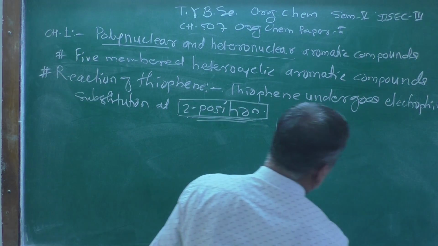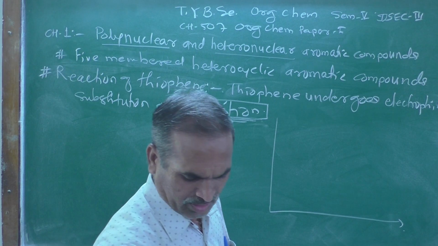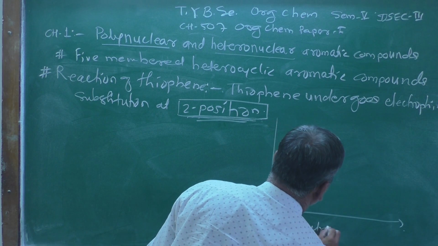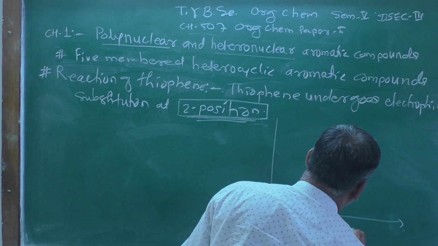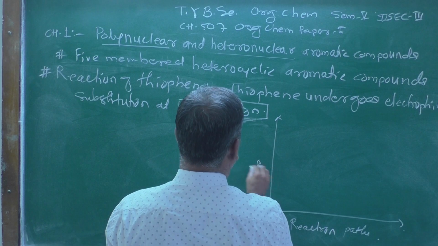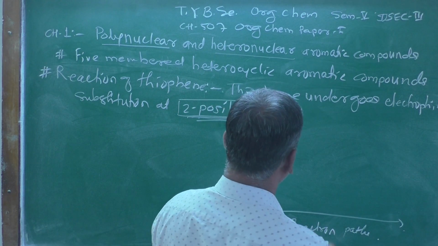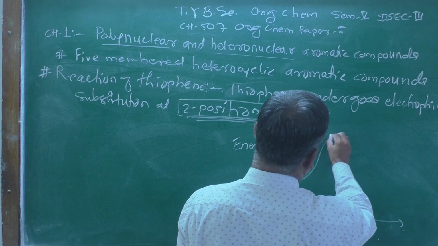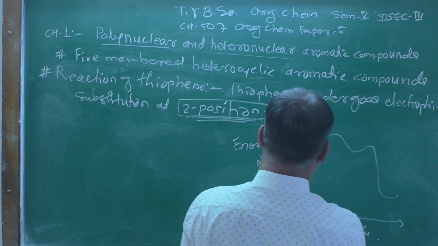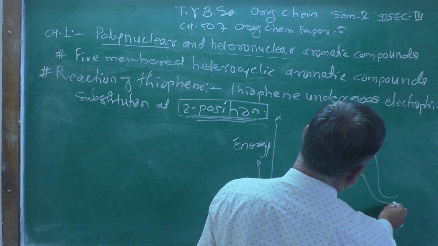On the x-axis there will be the reaction path, or reaction coordinate you can call it, and on the y-axis you represent the energy, generally potential energy. Now I am showing one of the graphs represented like this. Now another graph which I am showing here, like this.